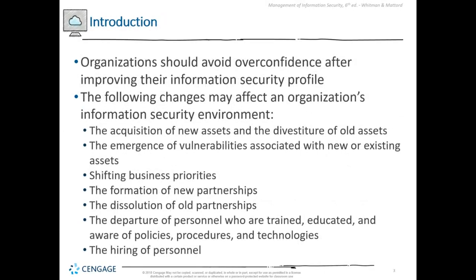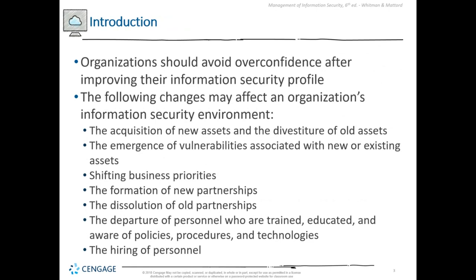So we'll talk about starting with information security policy. Even after it's been successfully implemented, organizations will likely go through changes that might require the information security policy to be modified.